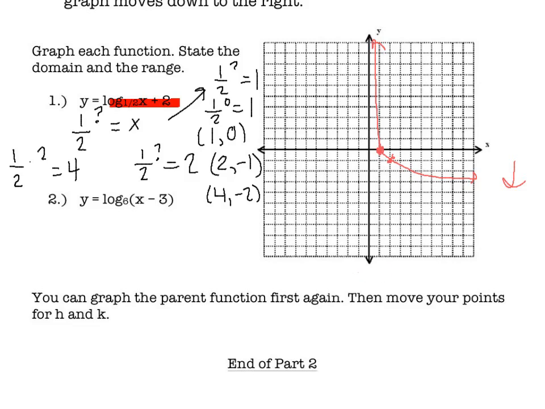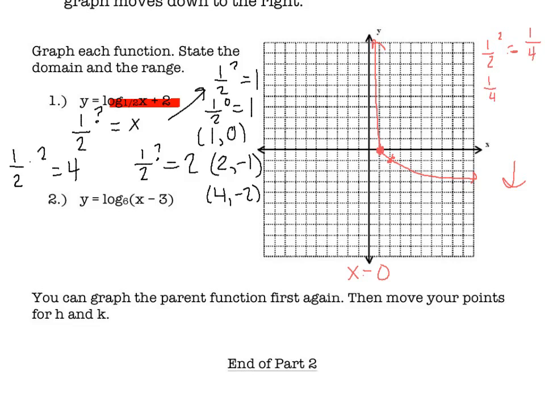And if you needed some help seeing how that was going to work, what you could definitely do is plug in some positive values for power of 1/2. So for example, 1/2 squared is equal to an x value of 1/4. So if I put in 1/4, I get out 2.